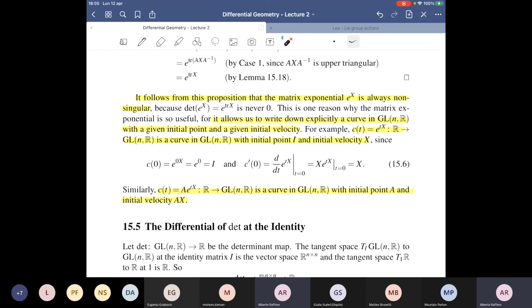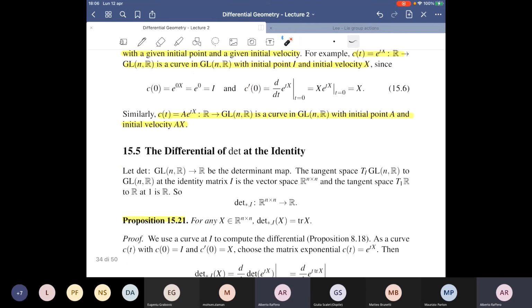So for instance, in this case, the power series of the matrix tX at time equal to 0 is the identity, and its derivative, using the property of the derivation we proved before, is precisely, as you can see from here, X times e to the 0 matrix, and so it is precisely X. And so we have a curve passing through the identity with tangent vector precisely X.